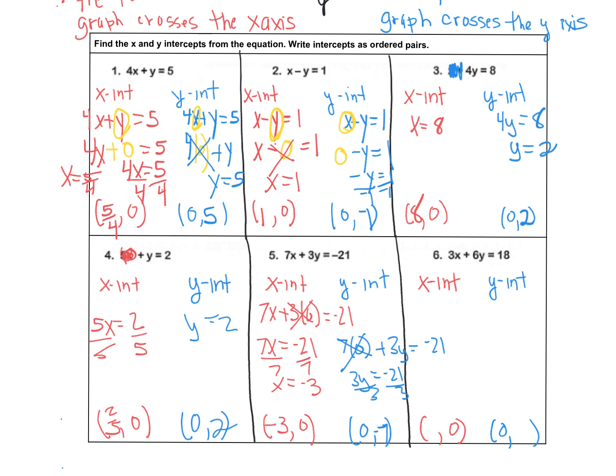This last one I'm going to show you, we will do the cover-up method, that little shortcut again. And so if we start with the x-intercept and we let y equal 0, this would be gone. We would have 3x equals 18, which is x equals 6. That's the point (6, 0).